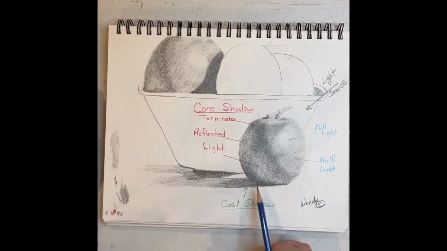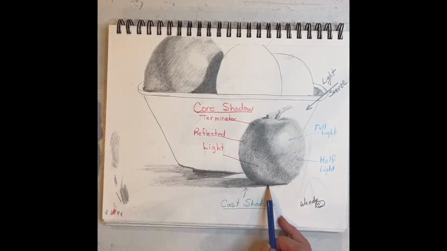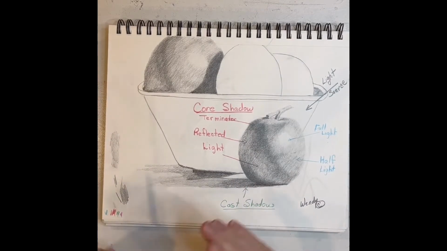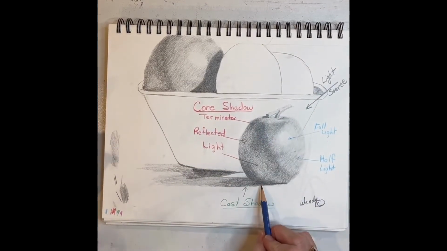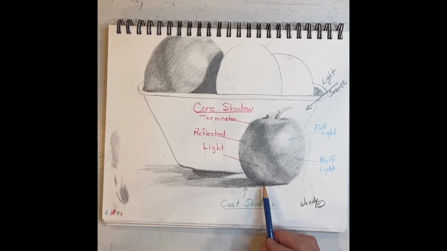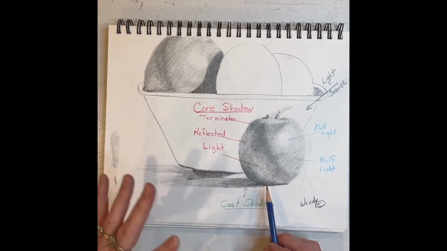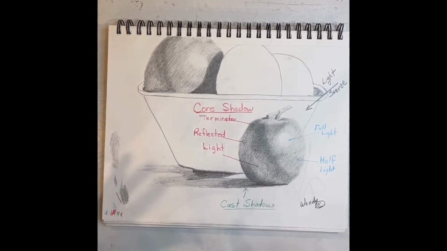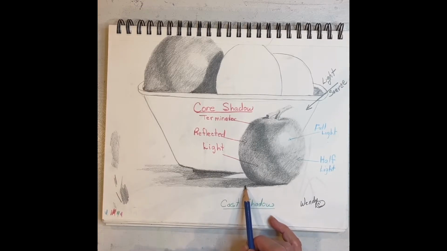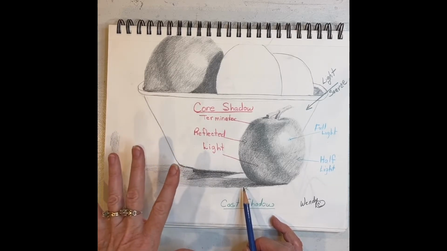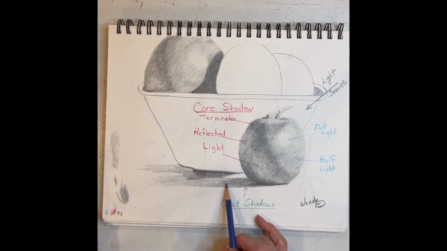So I want you to notice a few things. First of all, this crevice here. And I kind of think of that crevice as right in this area here. And what happens is that is our darkest spot. So when I'm looking at any subject that I'm drawing, I look to see where is the crevice, because I know that in these little crevices we're going to have super darks. But then as soon as we start to come out of the crevice, just like if you were coming out of a cave, it starts to get lighter and lighter until you actually step out.